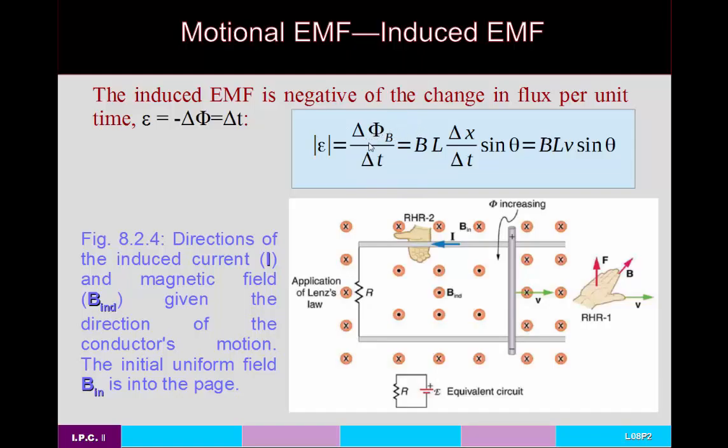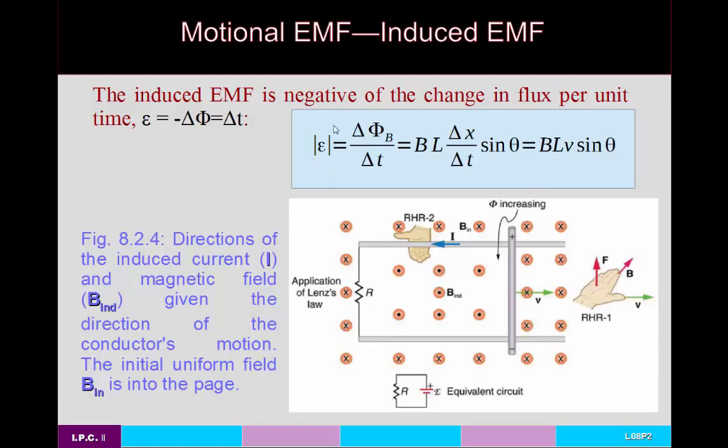And since the change in flux is the magnetic field dotted with the change in area vector, you basically would get magnetic field times length times delta x times sine of theta, all over delta t. So we consolidate the delta x over delta t because that is by definition the speed at which this bar is moving.